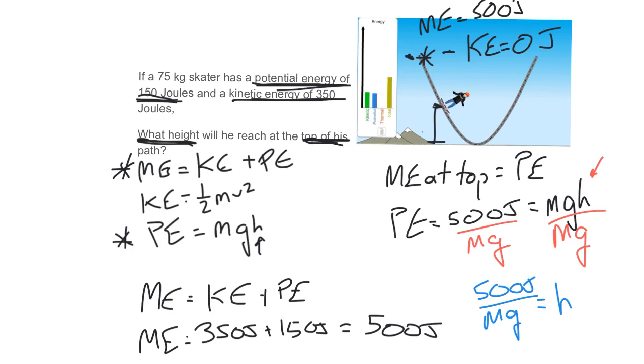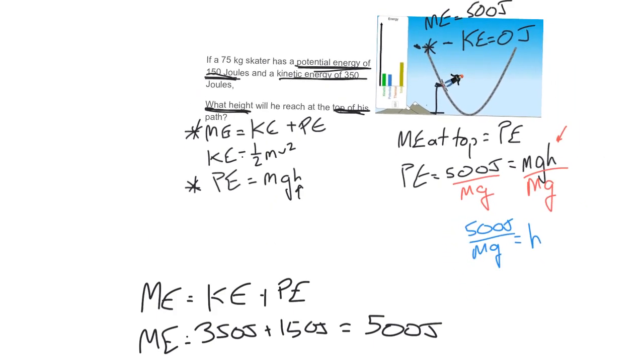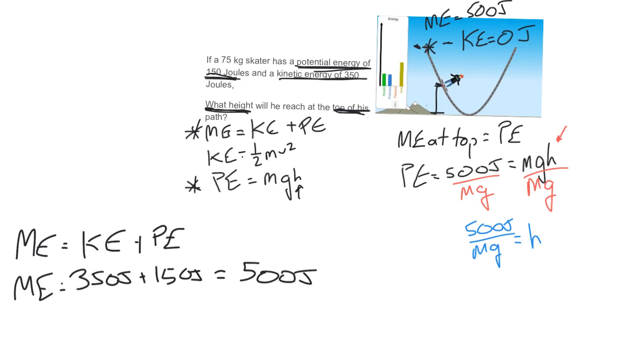Now here we go. We're on the last step. We're finally there. Now what I'm looking for here. I know that my acceleration due to gravity is always 9.8. My mass is right up in here. We have a 75 kilogram skater.